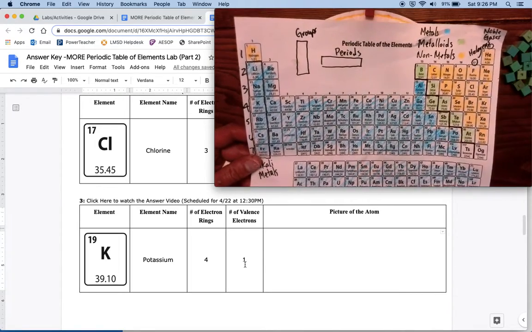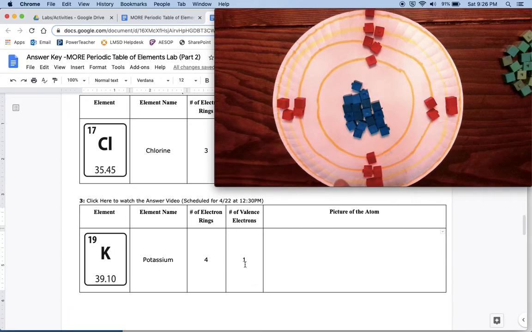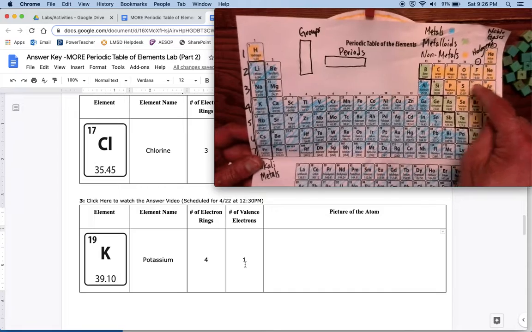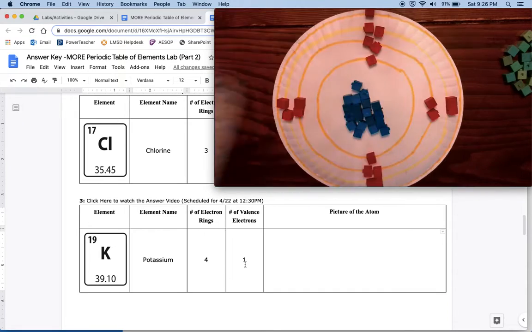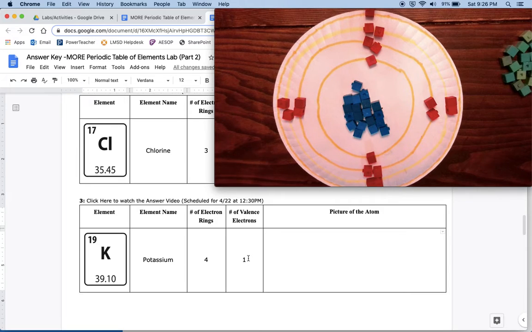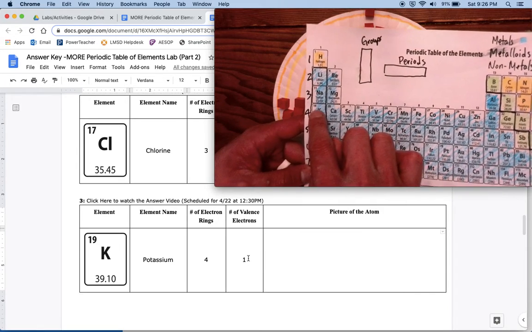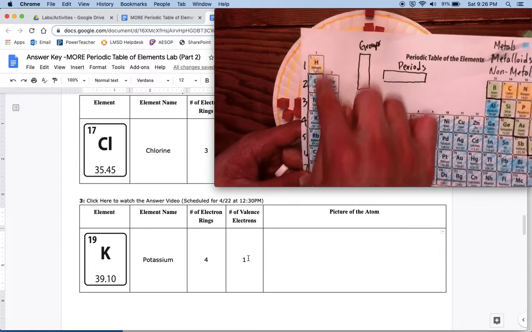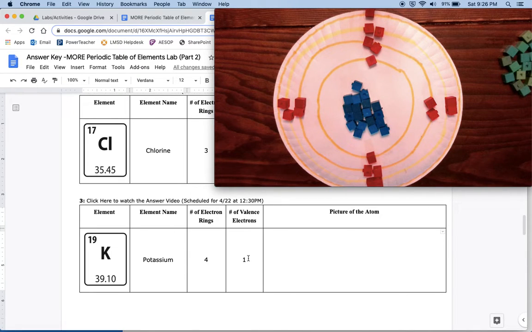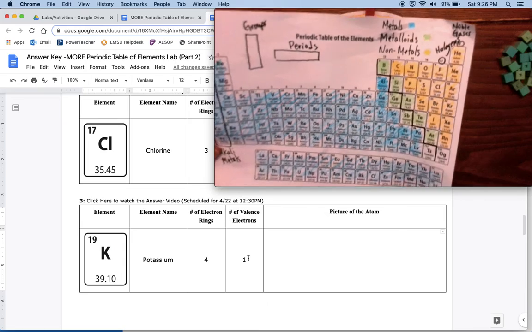There's 8 elements, so 8 in that second ring. Third ring, same thing, 1, 2, 3, 4, 5, 6, 7, 8, elements, which means 8 are in the third ring. And then since K, potassium, is in the 4th period, but it's only got 1 valence electron, there's only 1 right there. So that's the 19.